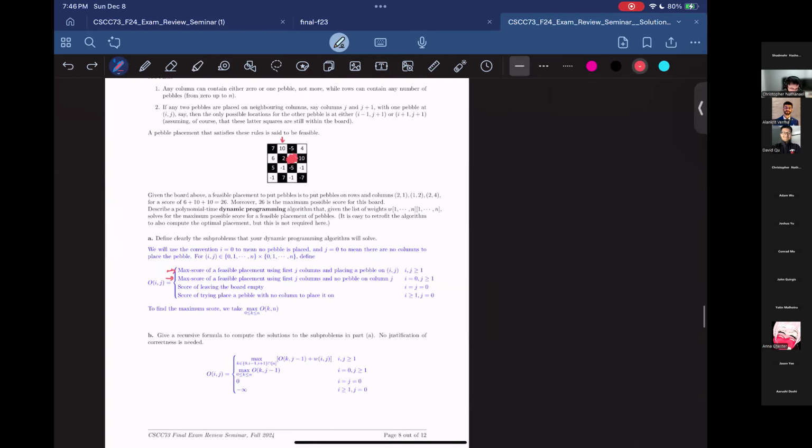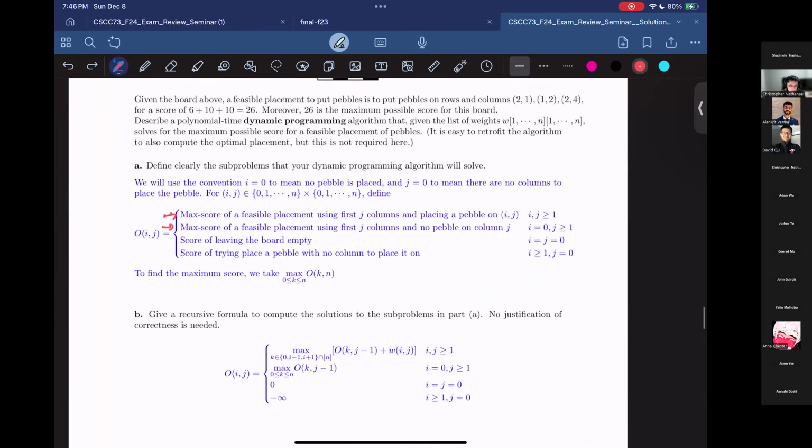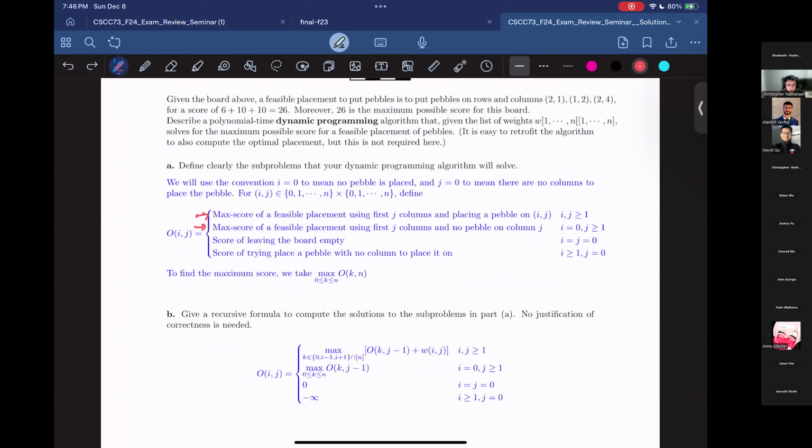Is question 6 the hardest? Yeah, it is. It is the hardest problem in the whole practice problem. Can this actually come up? I hope the DP in the final is not this hard. If you can solve this, you can solve any other DP problems.